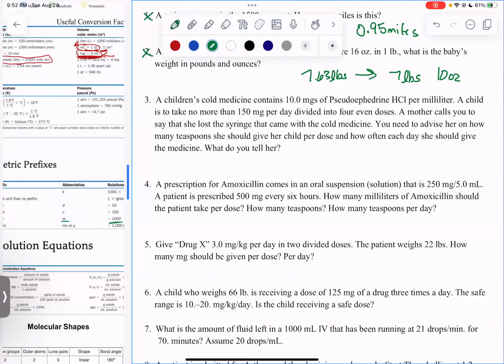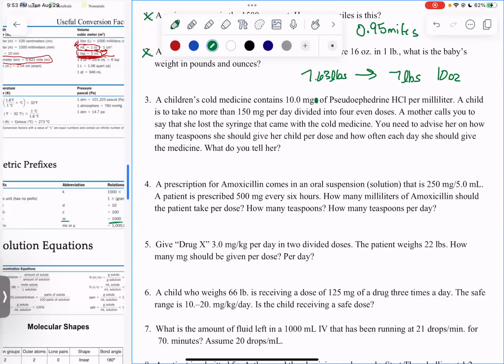But anyway, okay. A children's cold medicine contains 10 milligrams of pseudoephedrine hydrochloride per milliliter.